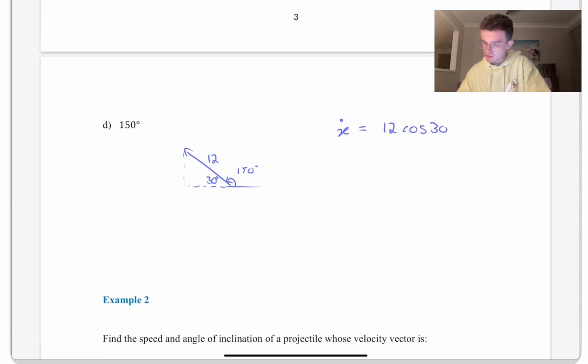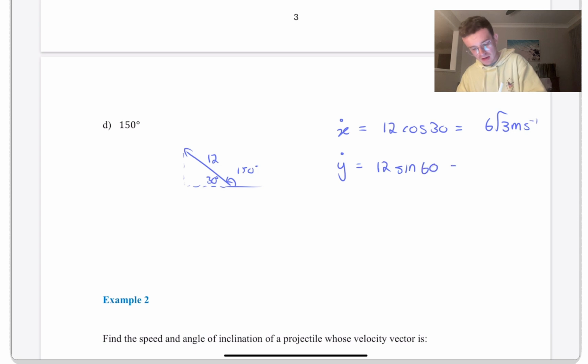Cos of 30 is root 3 on 2, so this is going to be 6 root 3 meters per second. And y dot is going to be 12 sine 30. Sine 30 is a half, so this is 6 meters per second. But this object is not only going up, it's going up in the negative x direction. So we need to put a minus there.